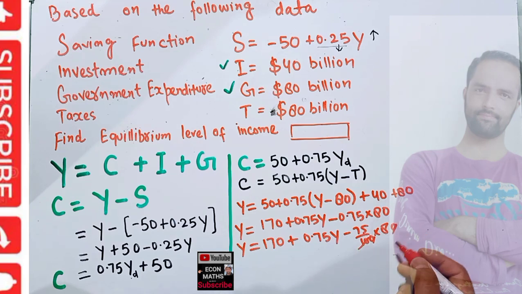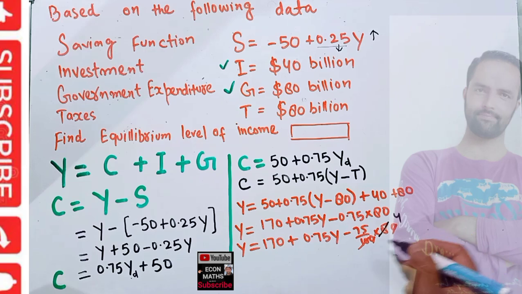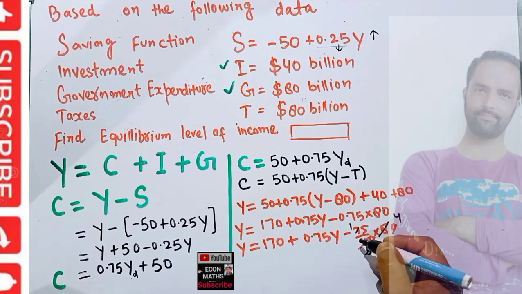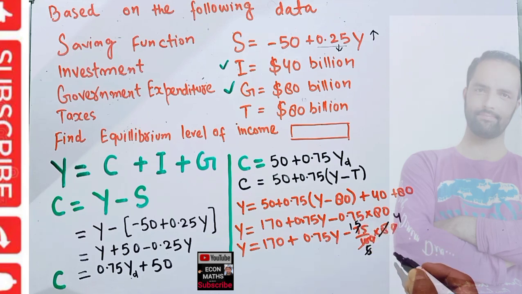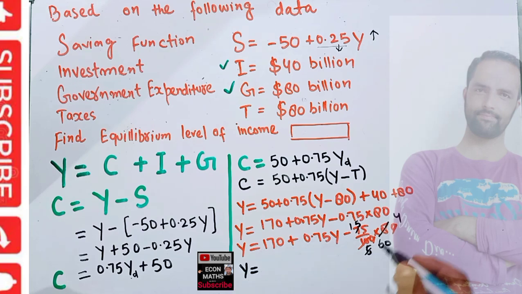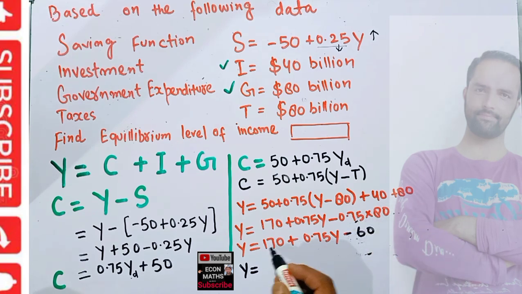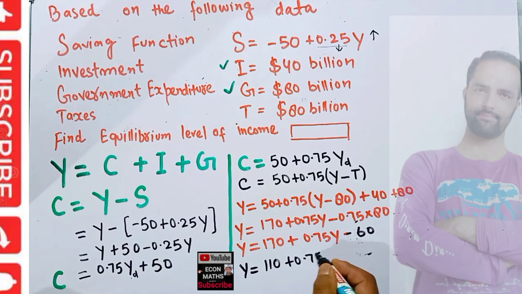Then two fours are 8, two fives are 10, five ones are 5, 5 fives are 25, 4 fives are 20, 4 ones are 4, I guess it is 60 here. Let me write it here, it's getting messy. 0.75 into 80 comes out to be 60. So we have 170 minus 60, this comes out to be 110 plus 0.75y.